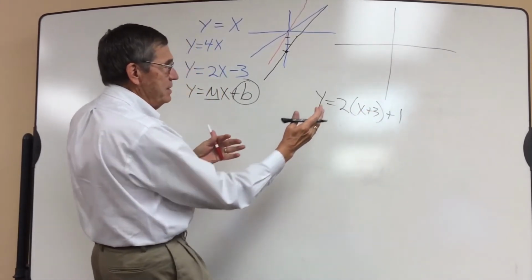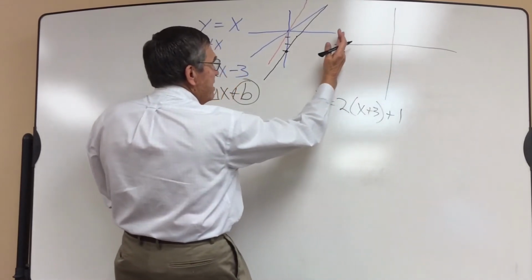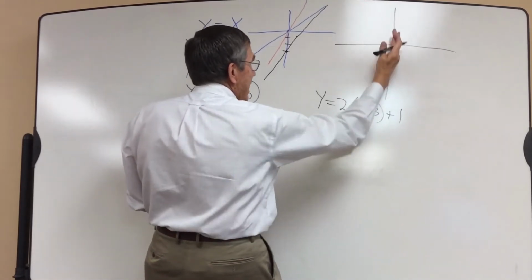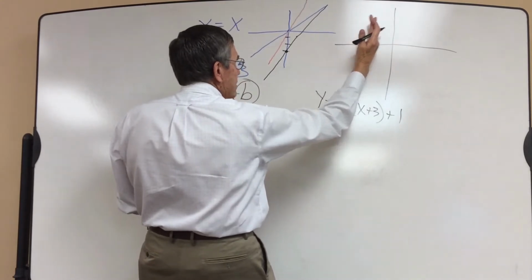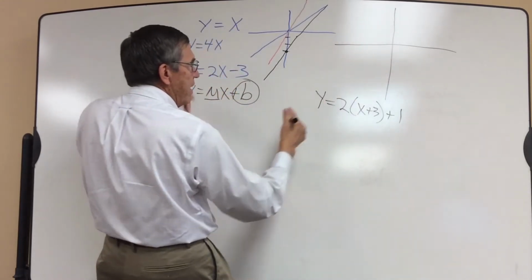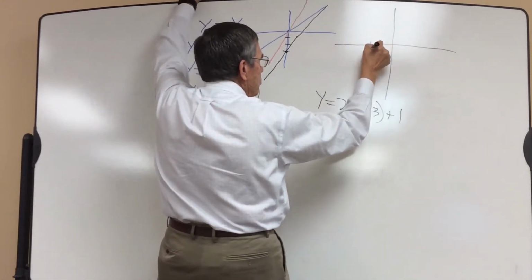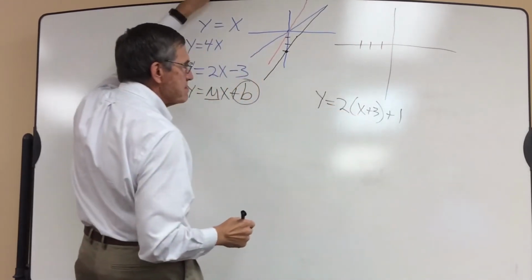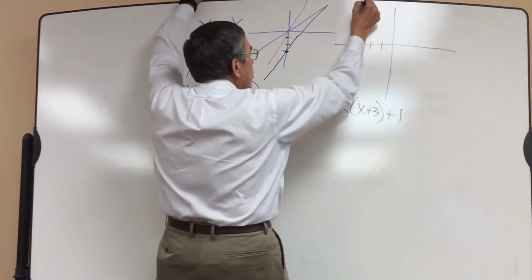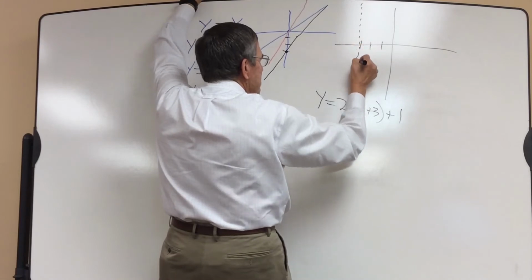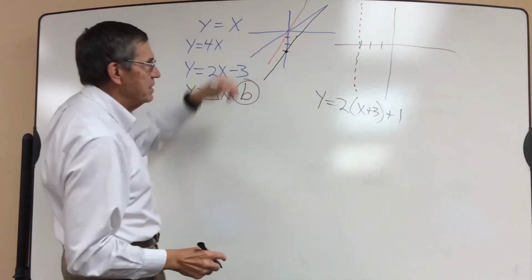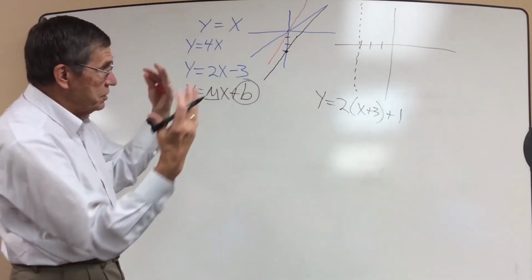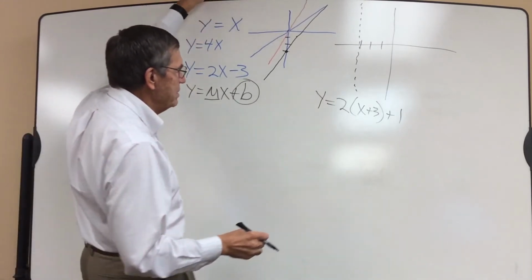Well, what that means is we're going to move the intercept from the y-axis over to a new y-axis, which is 3 units to the left. 1, 2, 3. Now we can put in a new y-axis dotted to remind us it's not the real y-axis, it's just our reference y-axis.